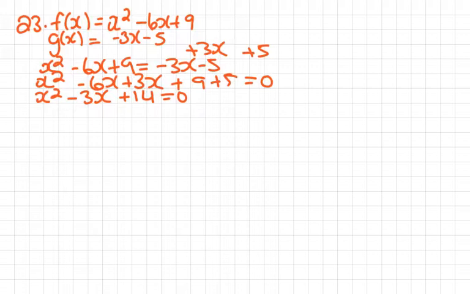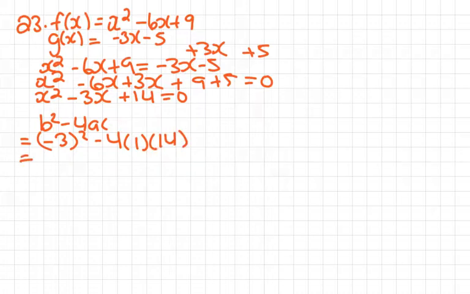Now, I'll be able to tell if it can intersect just by looking at the discriminant. So instead of using the whole quadratic formula, I'm just going to check with the discriminant. So b squared minus 4ac, which would be negative 3 squared minus 4 times 1 times 14, equals 9 minus 4 times 14 is 56, which leaves us with negative 47.